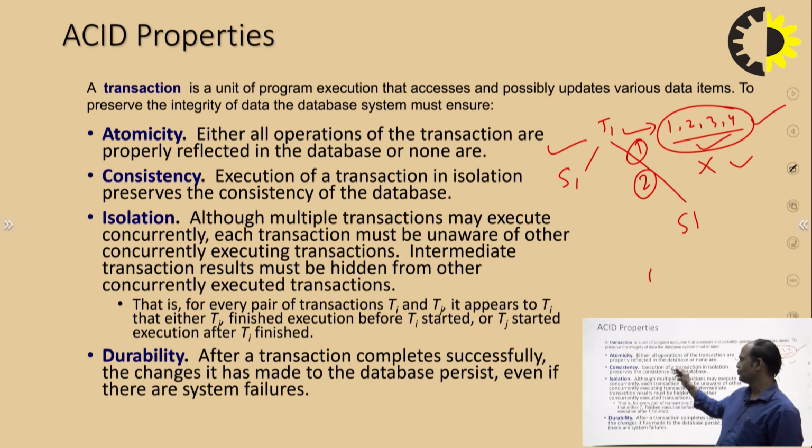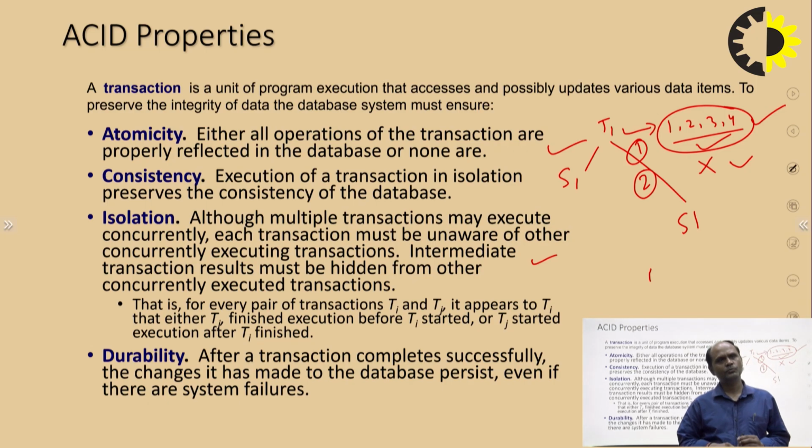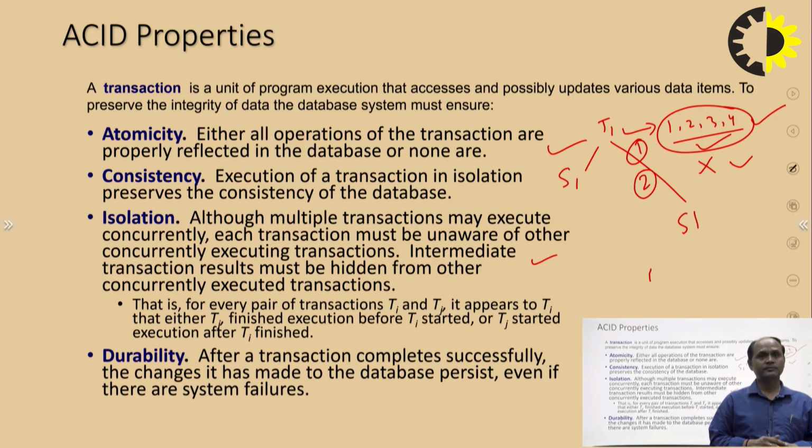So these two properties I have discussed. Now the third property, which is a very important property of a transaction. Suppose we have a database and we use transactions on a particular day. Take a live example of a transaction.